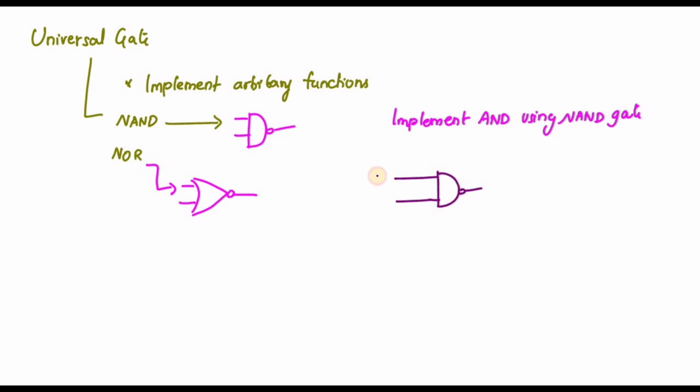If I give the inputs as A and B, I will get A dot B the whole bar. So here I have to insert one inverter. To convert this NAND gate to an inverter, if I short both the inputs, I will get A bar.